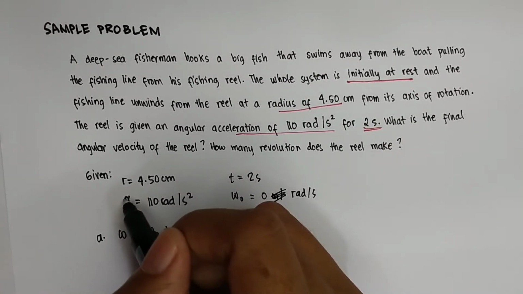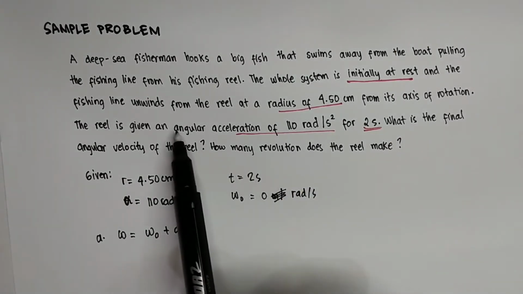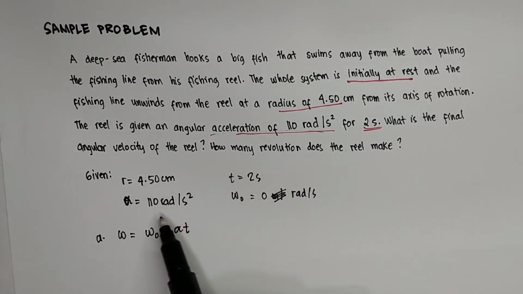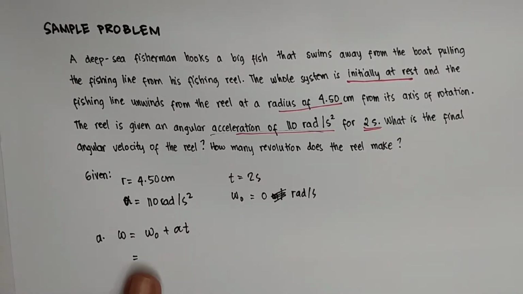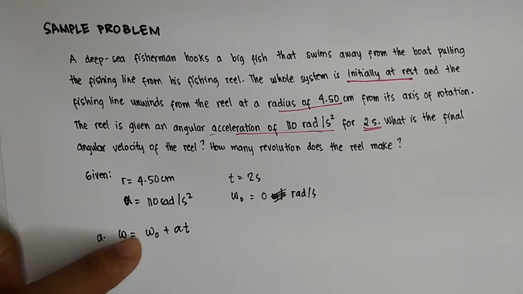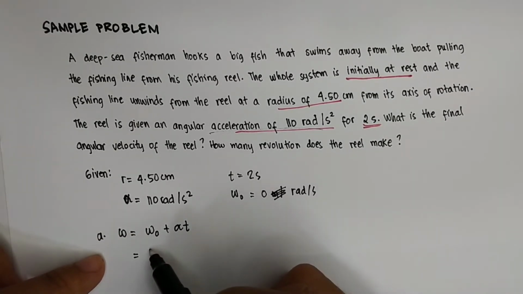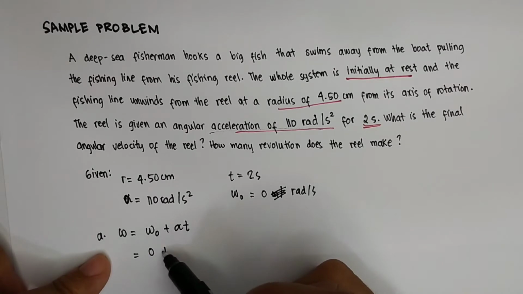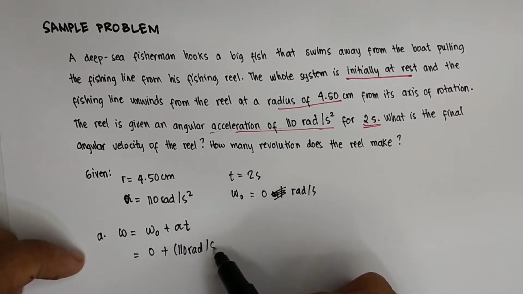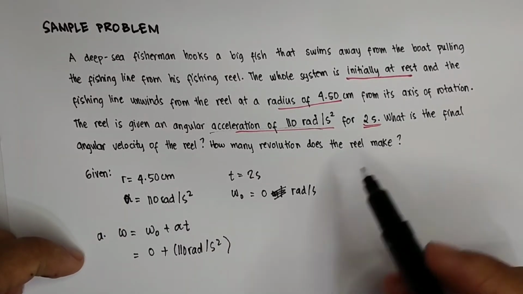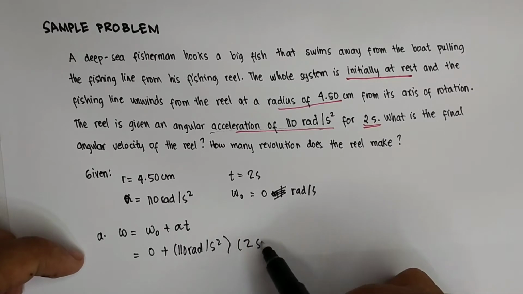Our angular acceleration, our alpha, is 110 rad per second squared. So we have omega sub 0 equal to 0, plus our angular acceleration of 110 rad per second squared, times our time of 2 seconds.